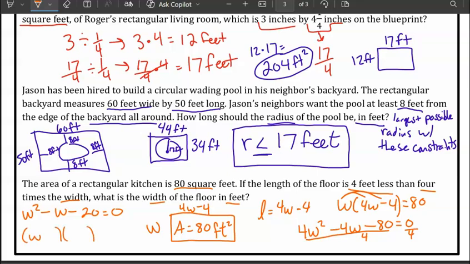Two numbers that multiply to negative 20 and subtract to negative 1. It's going to be minus 5 and plus 4. The width would have to be the positive answer, so the width is equal to 5 feet. And if we wanted to know what the length is, we'll just plug that into the length expression.